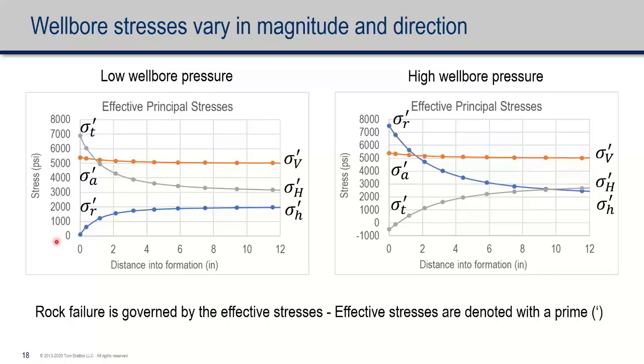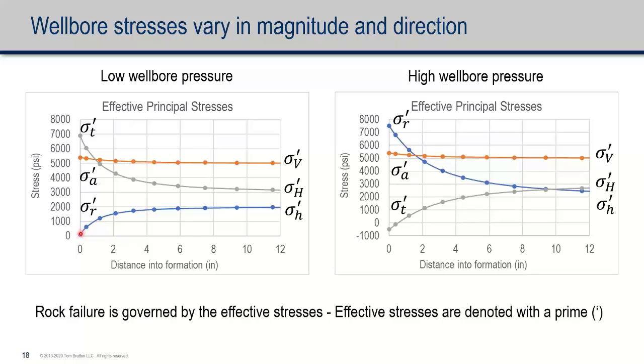So whenever we look at how these stresses vary in magnitude and direction, I'm going to plot the stresses on the y-axis as a function of distance into the formation. Zero would be at the interface between the mud and the formation. Get far enough away, and you could talk about these three stresses as being the far field: the vertical and the two horizontal. But if your wellbore pressure is low, then your effective radial stress, which I denote with a prime, is low.